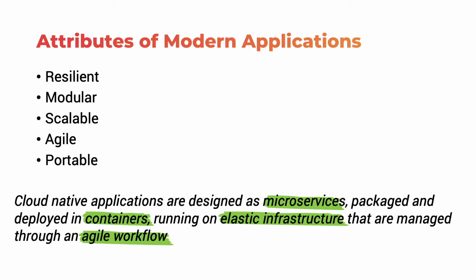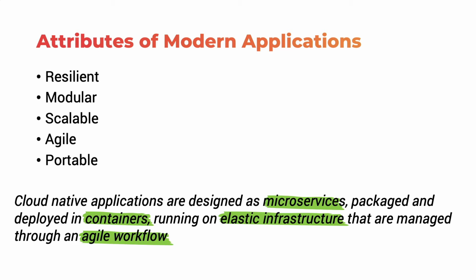They're also called modern applications because they take advantage of the emerging technologies. Now, modern applications are resilient. They can survive failures. They are very modular. You can update them independent of each other. They are scalable. One of the big advantages of moving to microservices and cloud native is enjoying that scalability in a very rapid form.